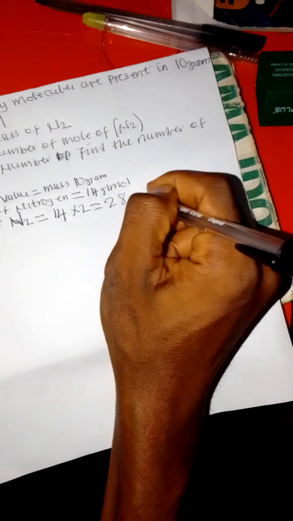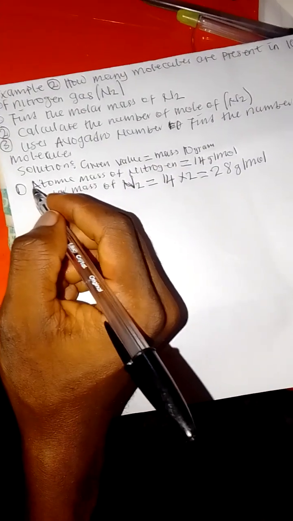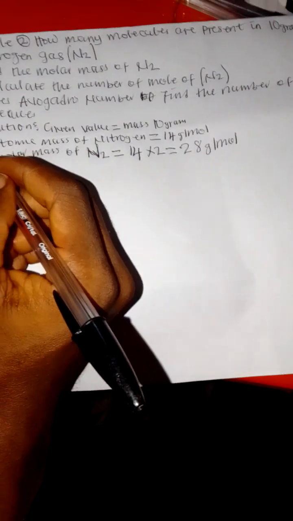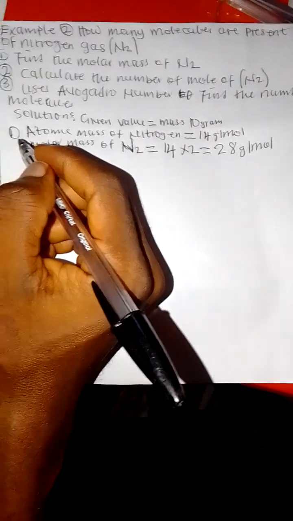So it will be 28 gram per mole. That is the molar mass of nitrogen gas. So we are done with the calculation of the molar mass.